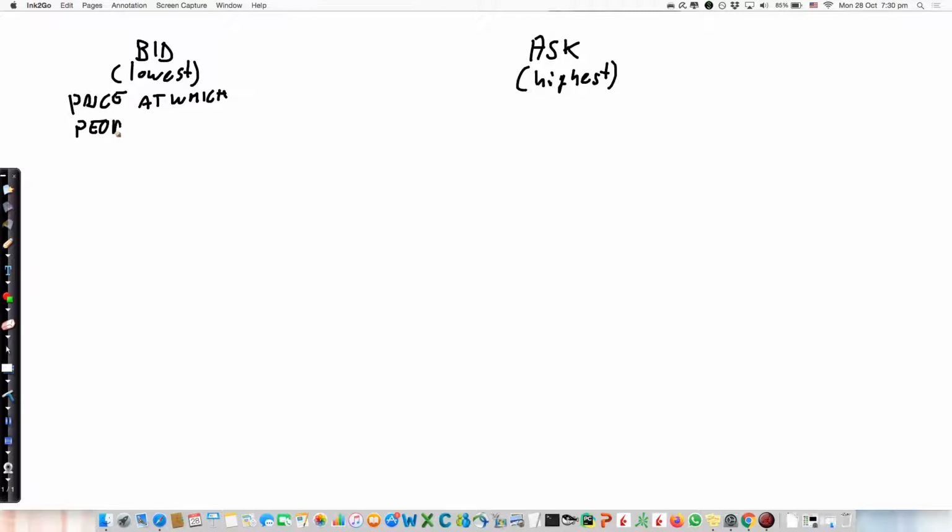So first we have said that we have the bid and then we have ask. So bid is usually the lowest price and ask is the highest price. So bid is the price, as we said, at which people want to buy, right?